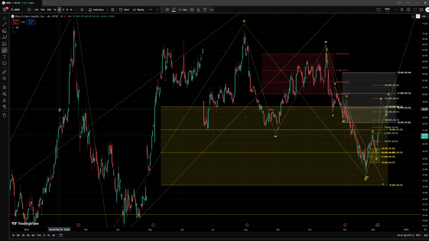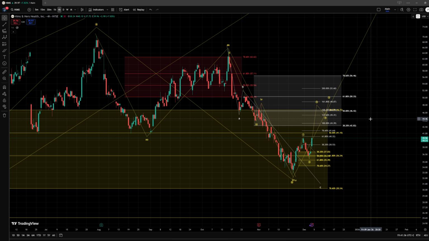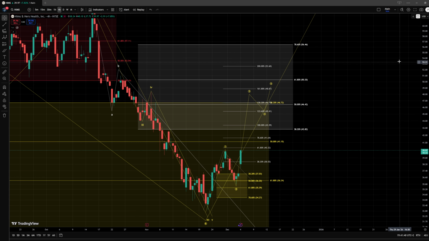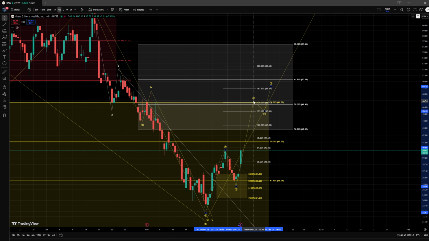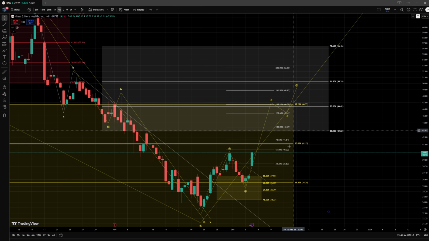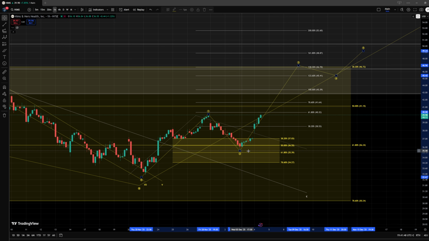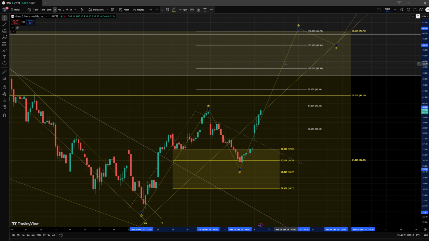So between these levels, the 46 something level should prove a bit more difficult to break, but nothing too significant necessarily, and it is, however, very much in line with the ideal target for the wave 3 overall, the $46.7 level. Now we can see that within this retracement in wave 2 we have pushed nicely into the area of support, and we have started a nice reaction to the upside.